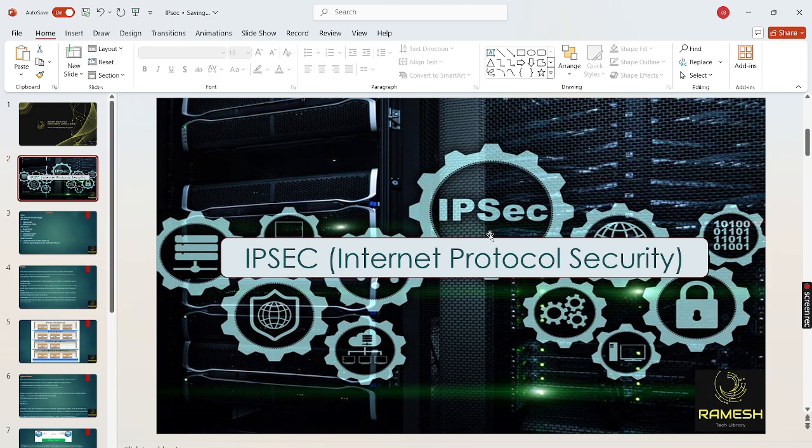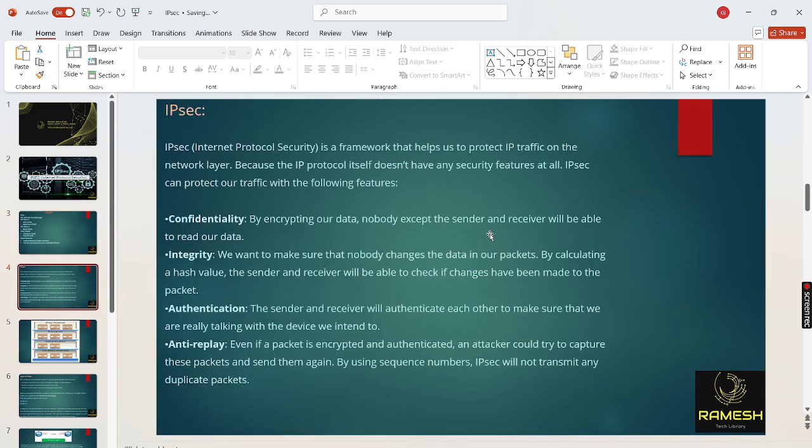One is confidentiality. How will IPsec achieve confidentiality? Confidentiality means encrypting the data that is flowing through the tunnel, after forming the tunnel.